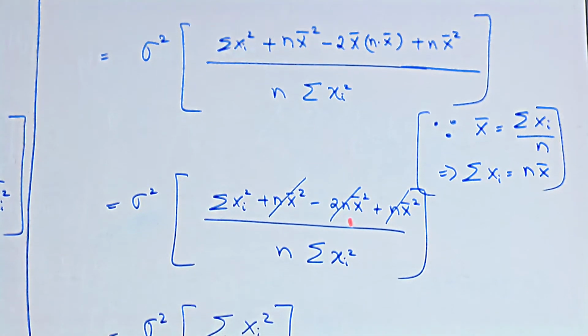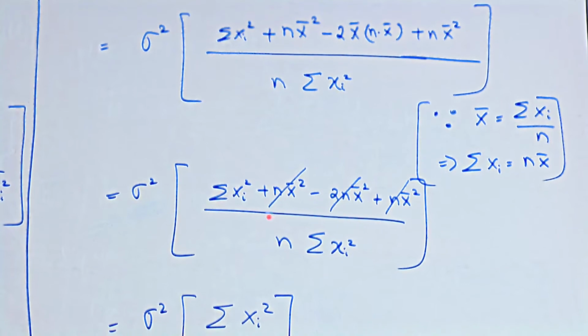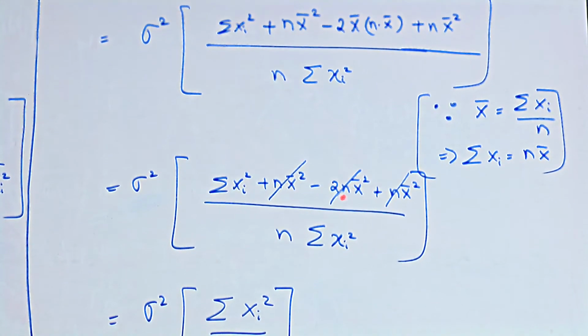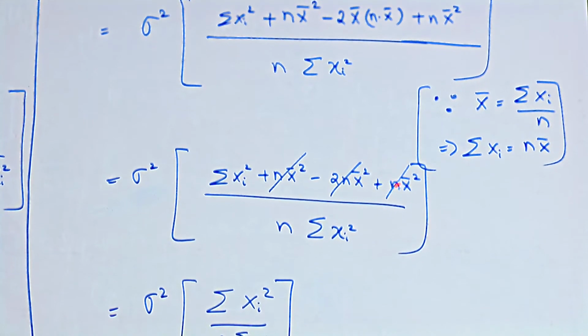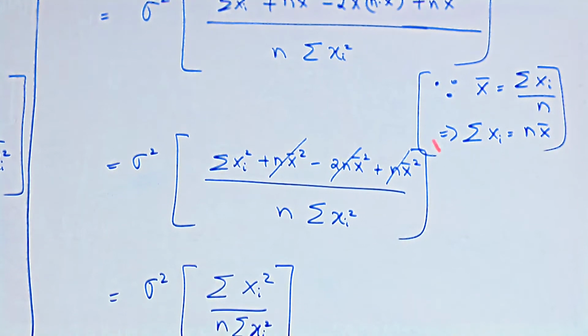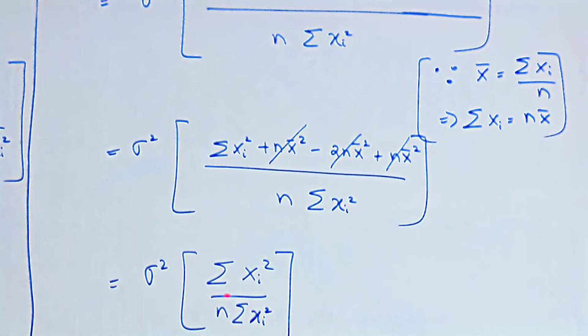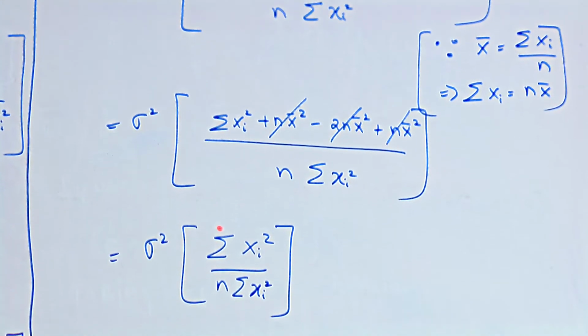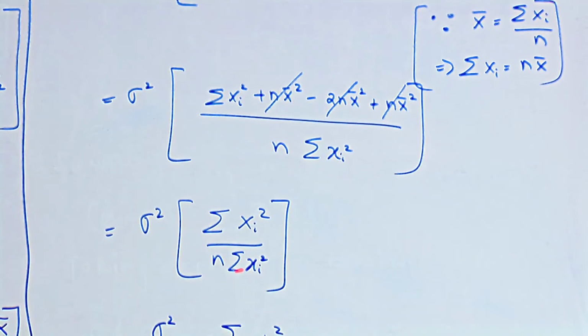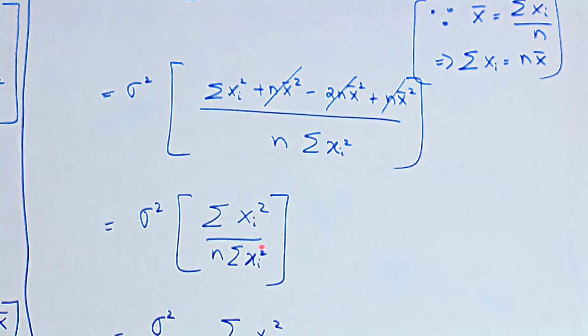So we add these two, and we get plus 2n x bar square, and there is already minus 2n x bar square, so both get cancelled. So these three expressions get cancelled, and we are left with only one term, so sigma xi square divided by n into sigma small xi square.